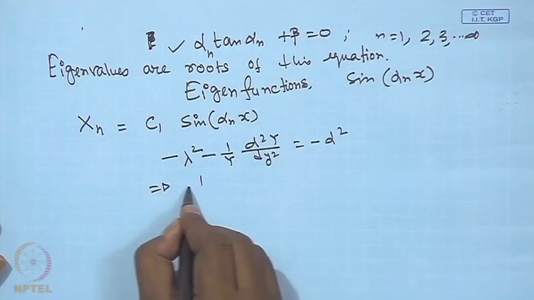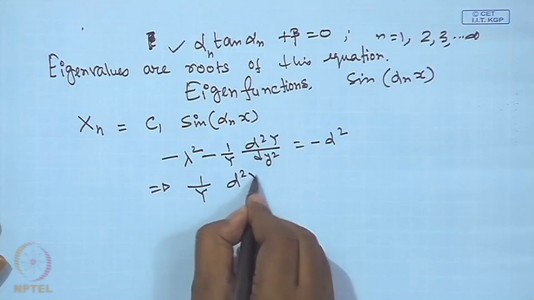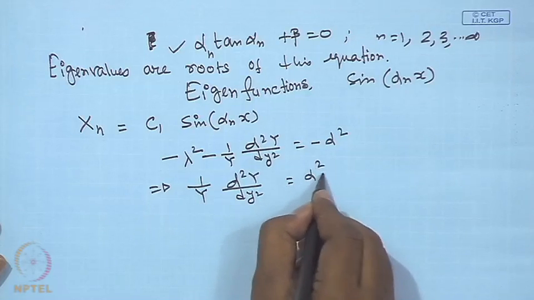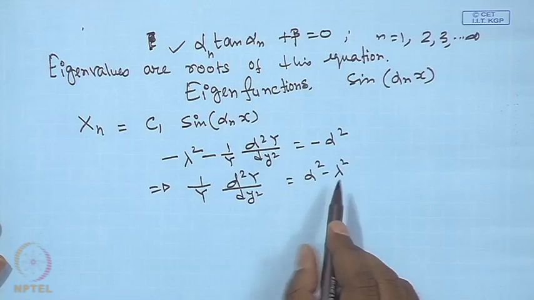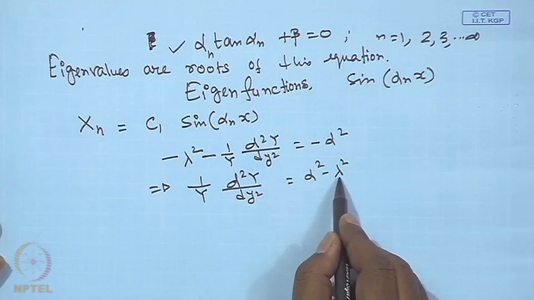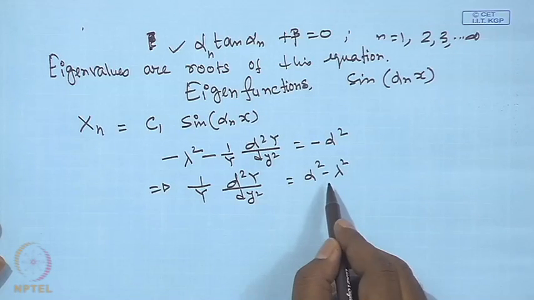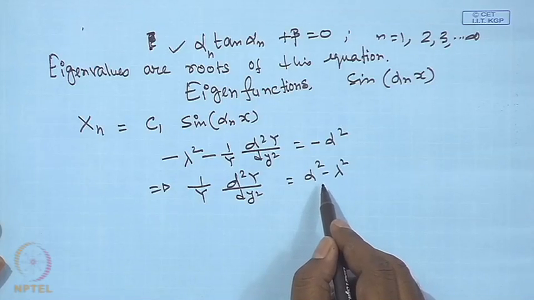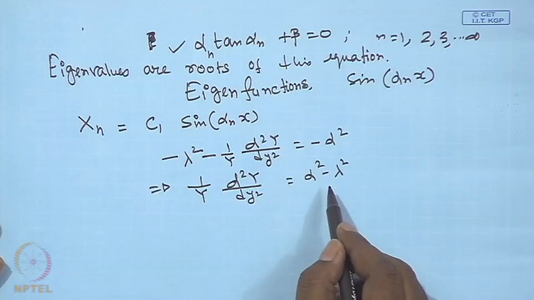So, this will be 1 over Y d²Y/dy² is equal to alpha square minus lambda square. Again, if you look into the right hand side, alpha is a constant, lambda is a constant, so the whole thing becomes a constant. Again, if this constant is positive or 0, we are going to get a trivial solution.